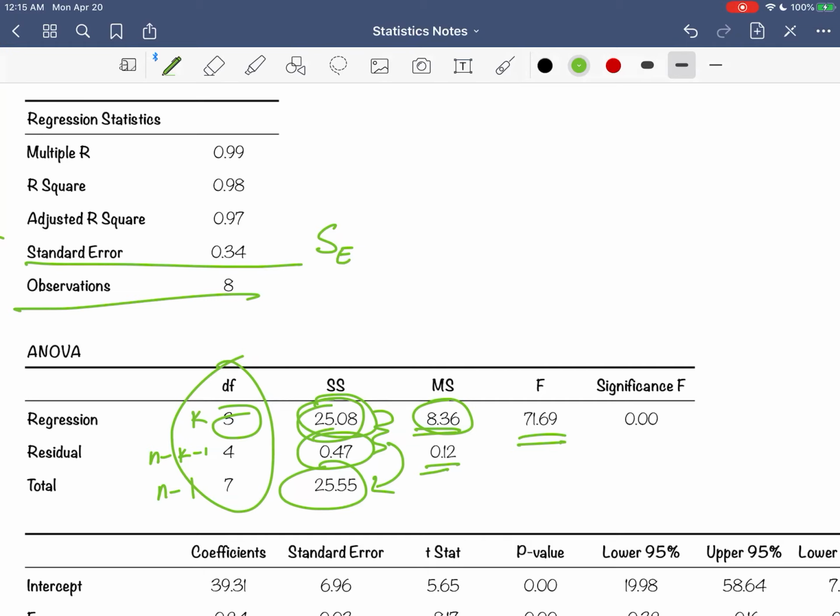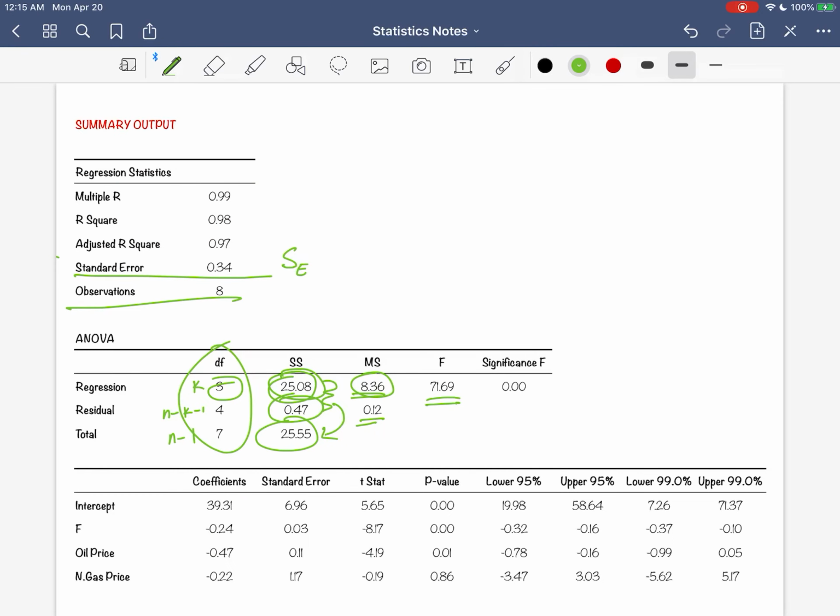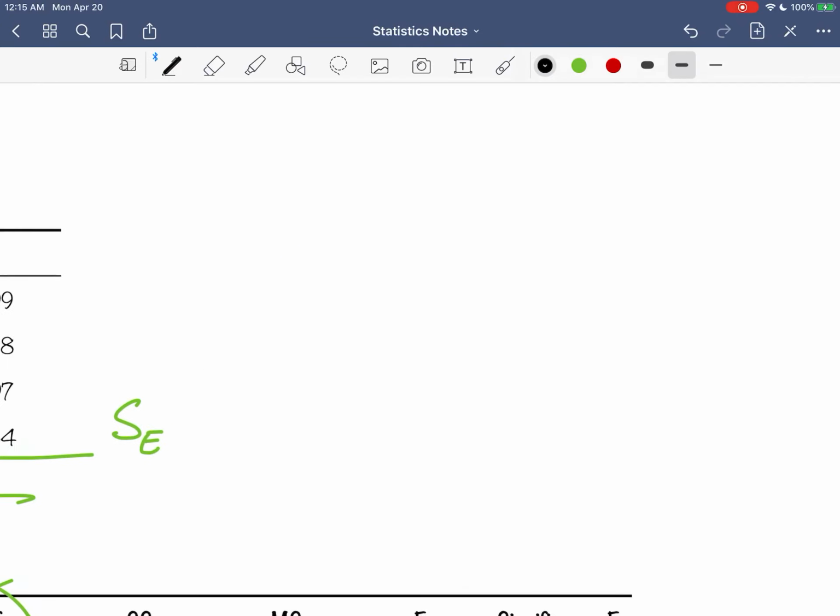So let's go ahead and do the F test for completion's sake. So if the question says, test the significance of the model, here's how you do it. And you can do this for chapter 13 when you're testing for the significance of R squared, but it is especially used in this chapter. So step 1, the hypothesis.